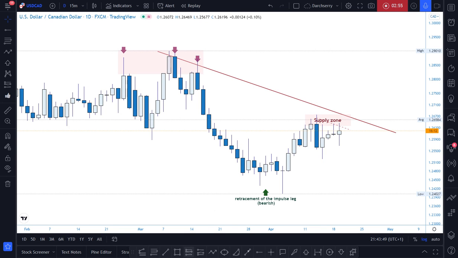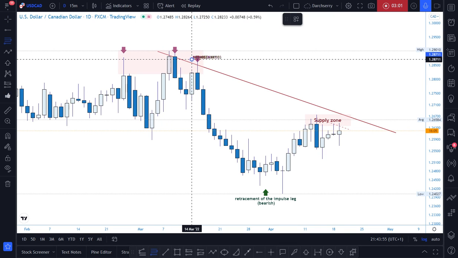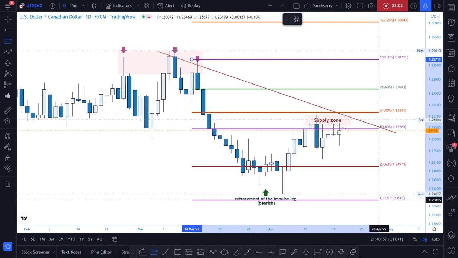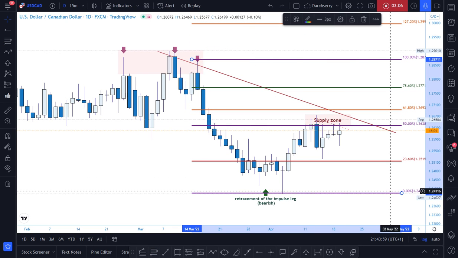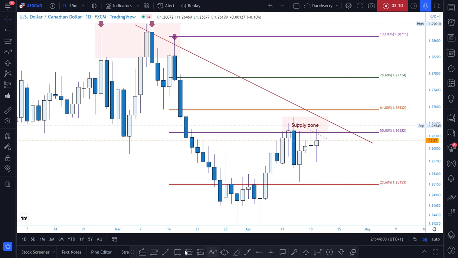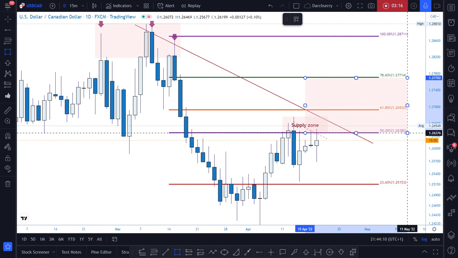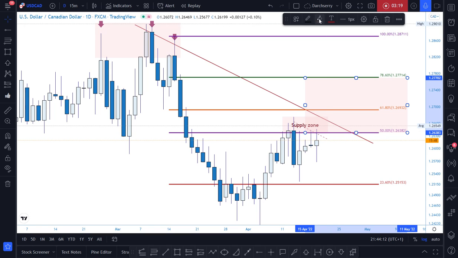So if we pull out our Fibonacci retracement tool, we will notice that the price action is presently within our golden zone area, which I've always seen as between 78.6% and 50% retracement of any impulse leg.